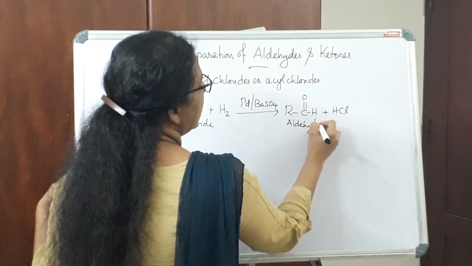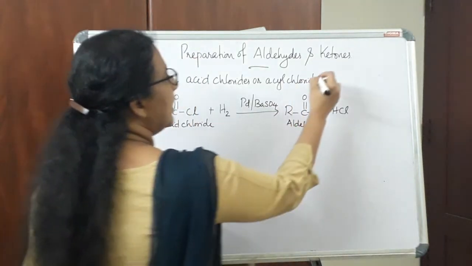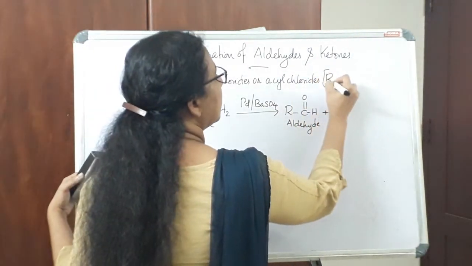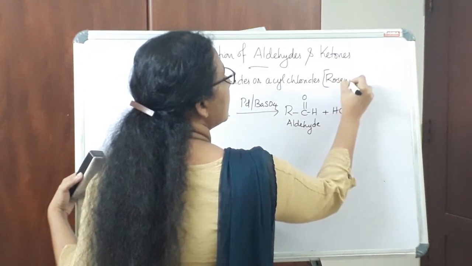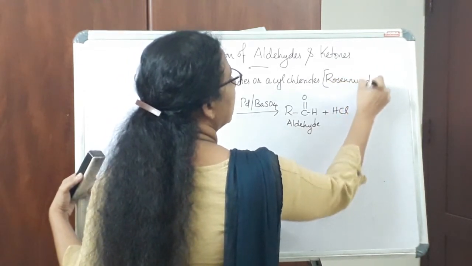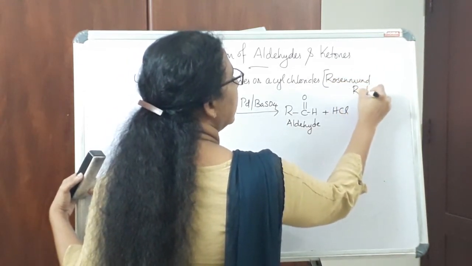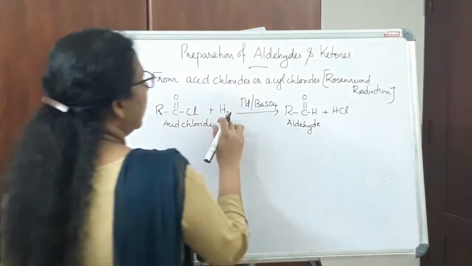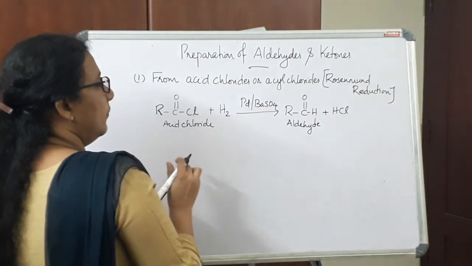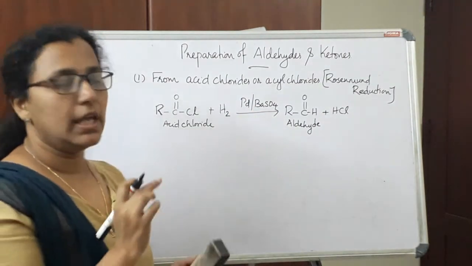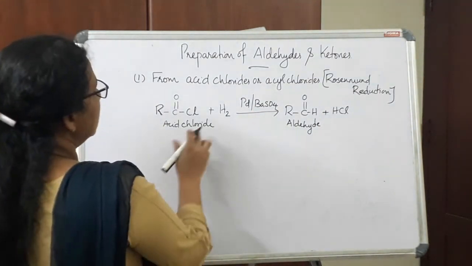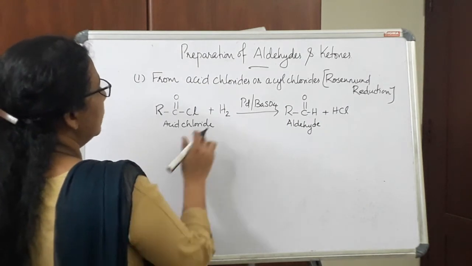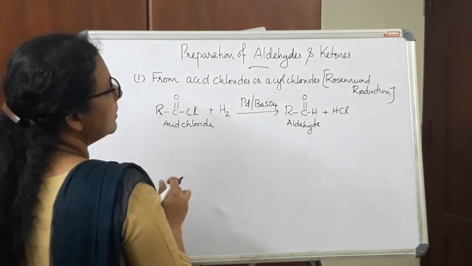This is an important named reaction which is called Rosenmund reduction, a reduction reaction where H2, Pd, BaSO4 acts as the reducing agent. This is the general equation for the Rosenmund reduction.